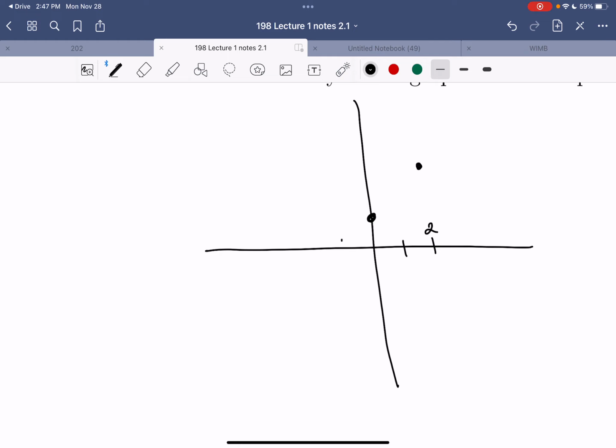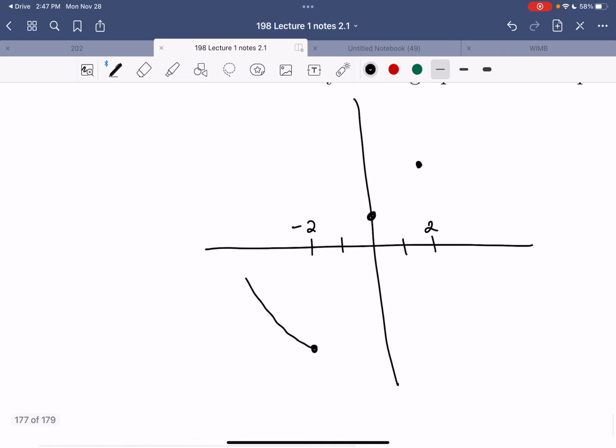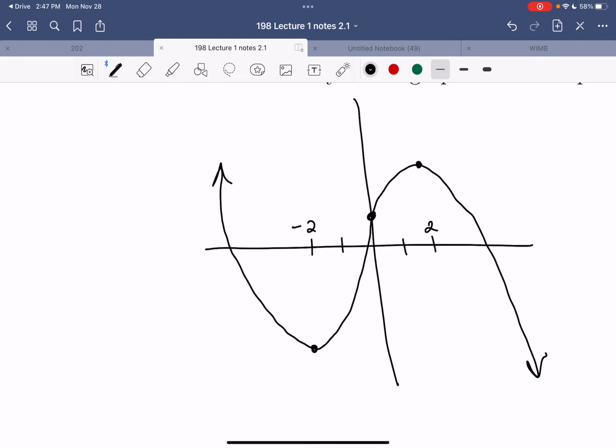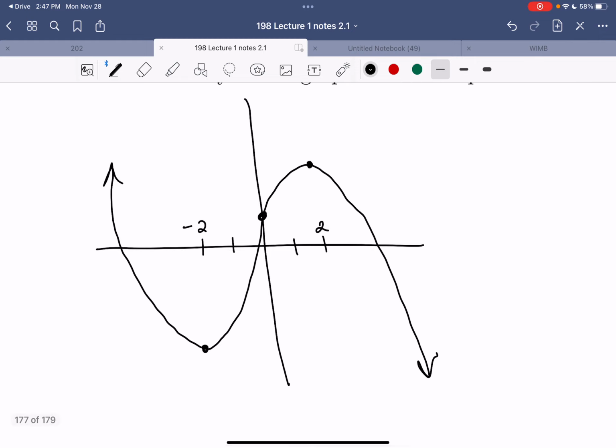And let's make it symmetric. So we'll go over here to -2 and put a point down here. And we're going to connect this. So this is going to go up like this. And this is going to go up like this. And then it's going to change curvature and go that way. And then this one's going to come down this way. Okay. And what we want to do here is analyze the concavity.